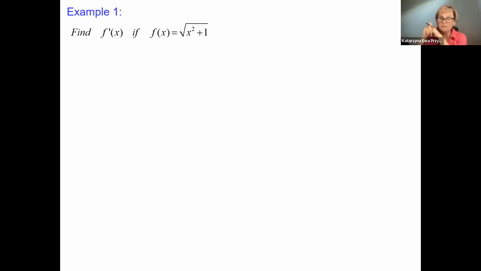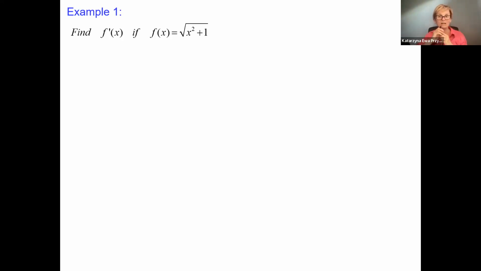If you can get the derivative without any problem, that means you understand the chain rule. Find the derivative of this function, square root of x squared plus 1. I know that for most students, it is helpful to name the inner quantity as a new variable.